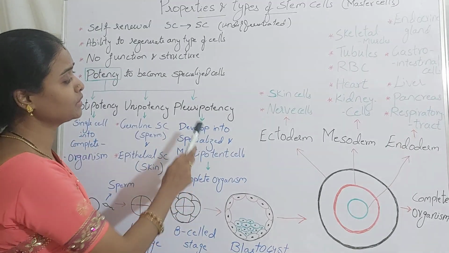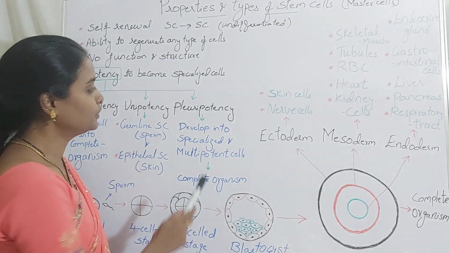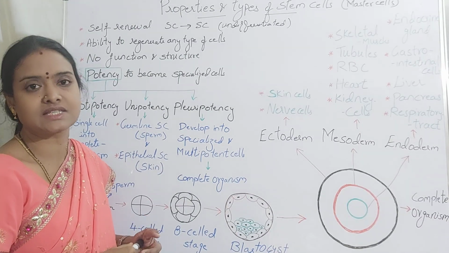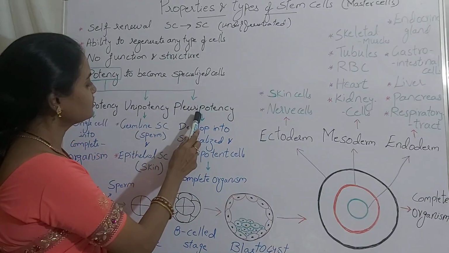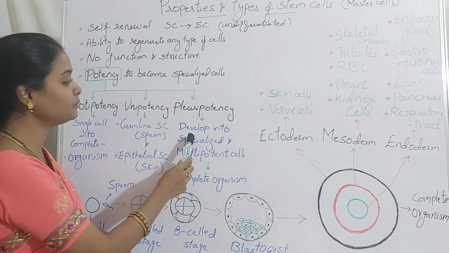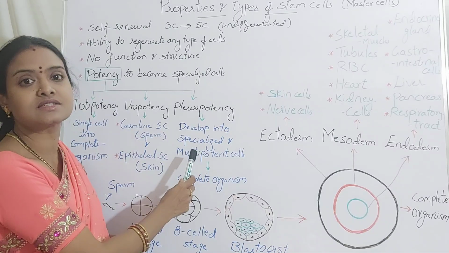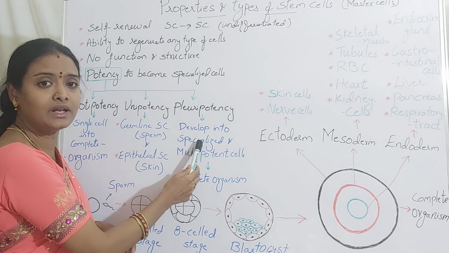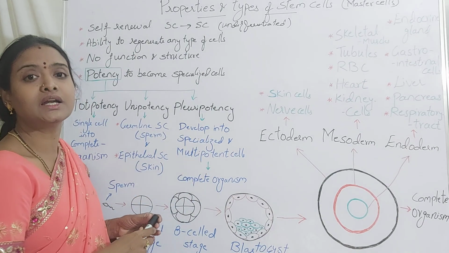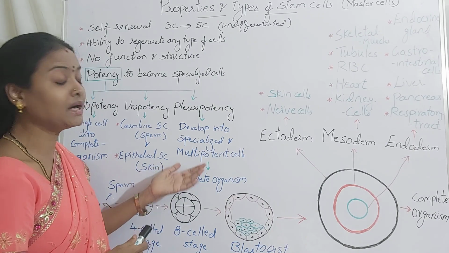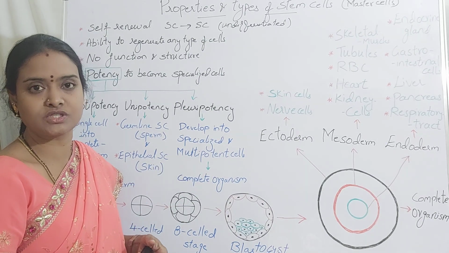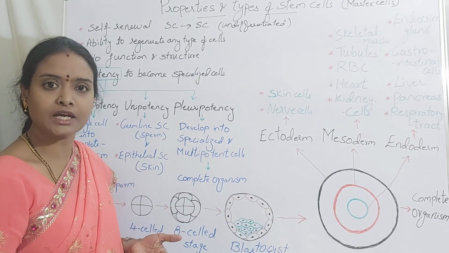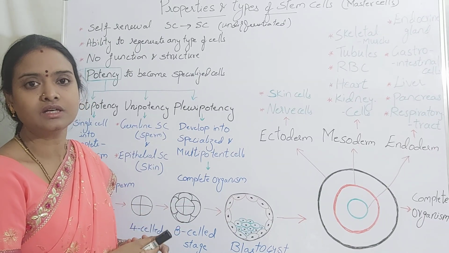Then coming to pluripotency. We can also call them precursor cells, because they are able to develop into specialized cells. Then the specialized cells will get transformed into multipotent cells, or you can say the multipotency effect is observed, where those cells are able to produce different types of cells present in the organism.